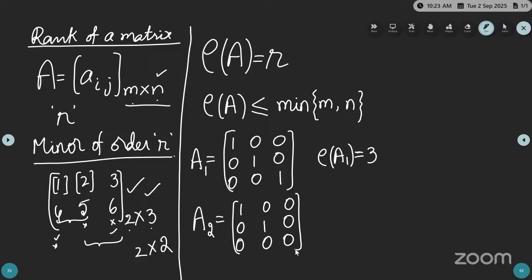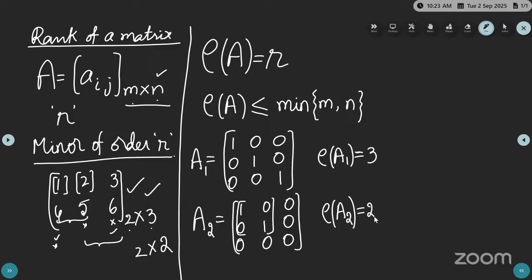Next, do you have a non-zero minor of order 2? So there is one submatrix whose determinant is not equal to 0. So what is the rank of it now? Rank of A2 equals 2.